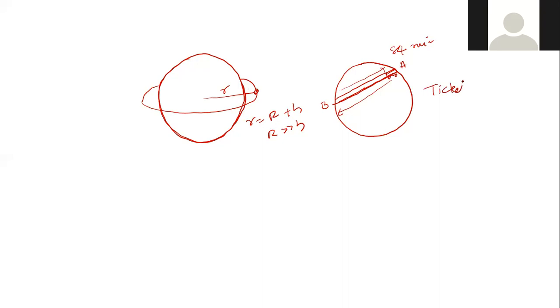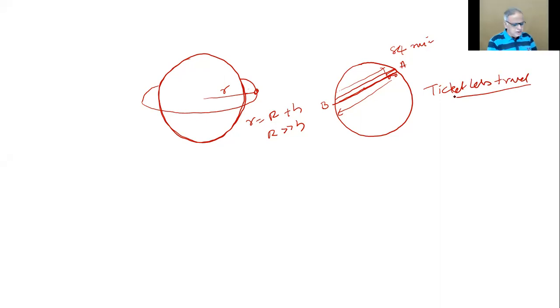But the mass will vary. The mass of the train will change. Why? People are getting down. It doesn't really matter, the mass. It will not matter on the mass of the train.